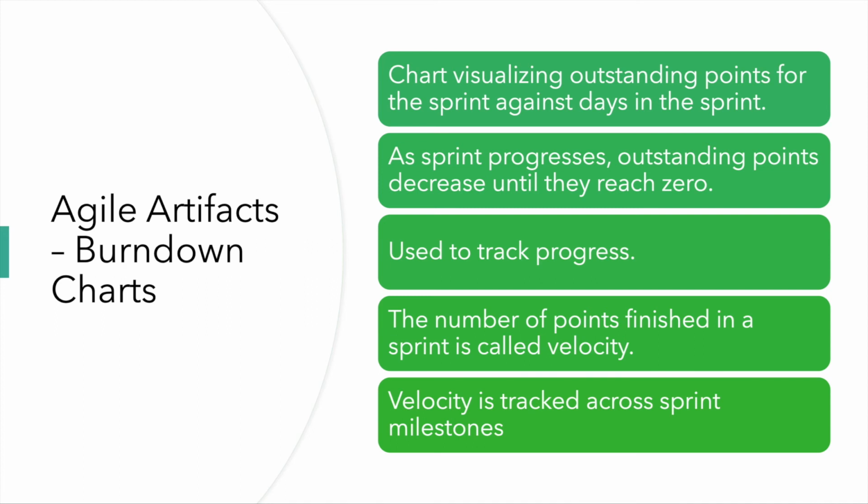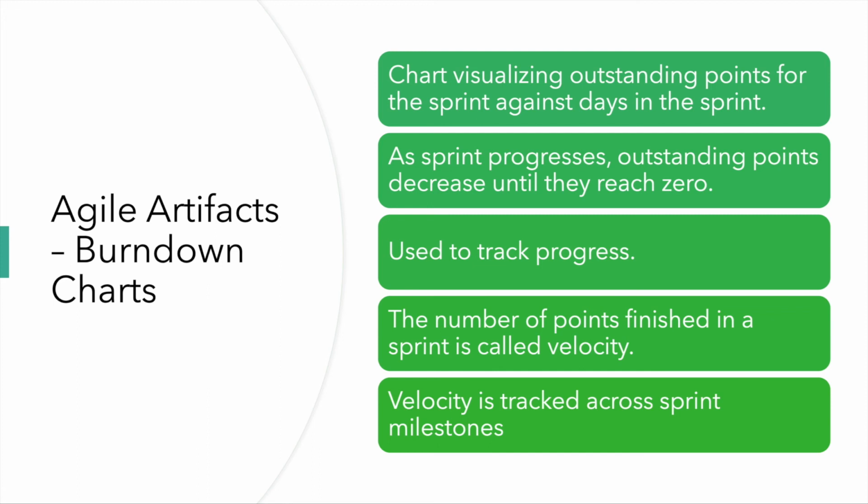You'll observe that it's a slope going down with time, and this can be used to track progress. If you see that the burndown chart is not moving as expected, that indicates that there is some problem with the team or the projects being undertaken, and something needs to be done to fix that.